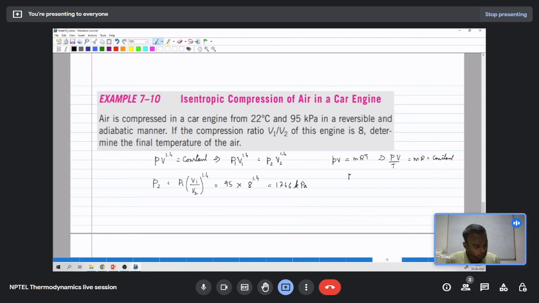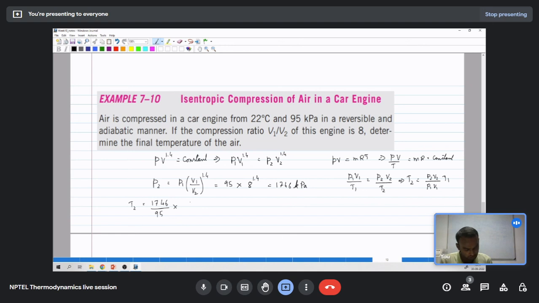So this becomes P1 V1 by T1 is equal to P2 V2 by T2. So from here you can calculate T2 as P2 V2 by P1 V1 into T1. So here P2 is 1746 divided by P1, which is 95 kilopascal, into V2 by V1.